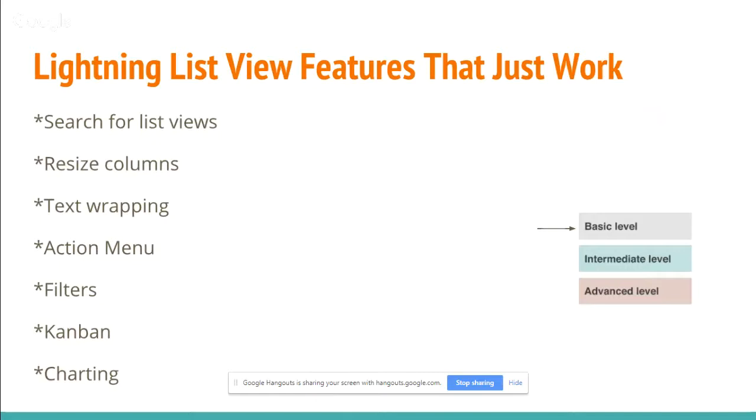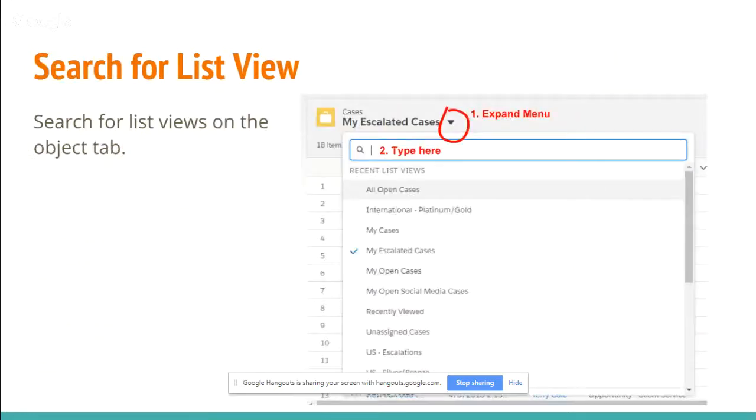And I just want to run you through quite a few of them here. First, you will immediately go to a list view in a normal way, just like you do in Classic. You could go to an object tab of some sort, and you're going to see the usual recent items view, which you still can't customize, and you still can't change the fact that that's always what you're going to see initially on a tab.